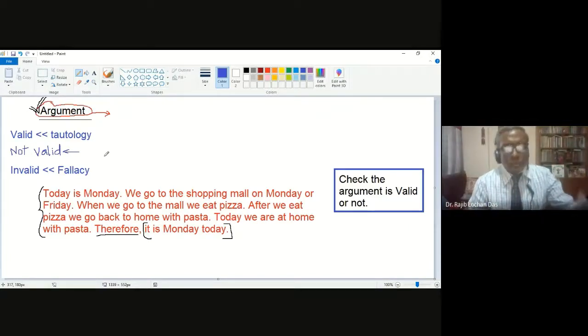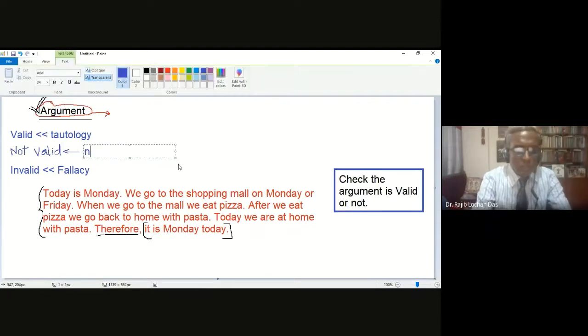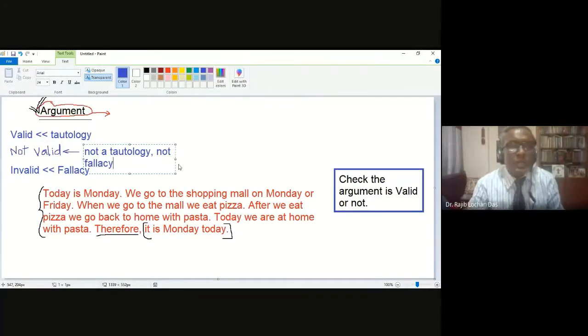Okay, so there is another state in between, which we can call not valid. In that case, the thing is not a tautology and not a fallacy. So what is the thing I am talking about now? Which one will be tautology and fallacy?